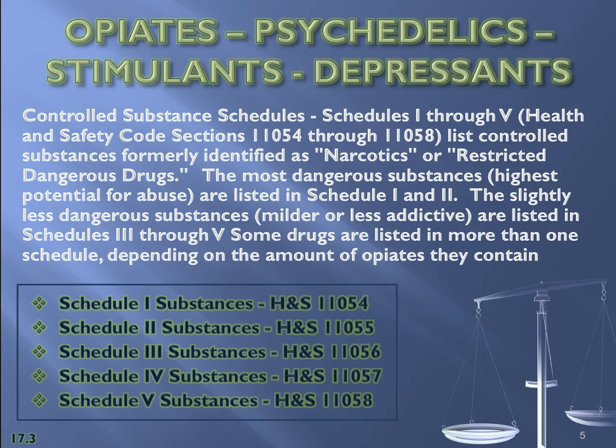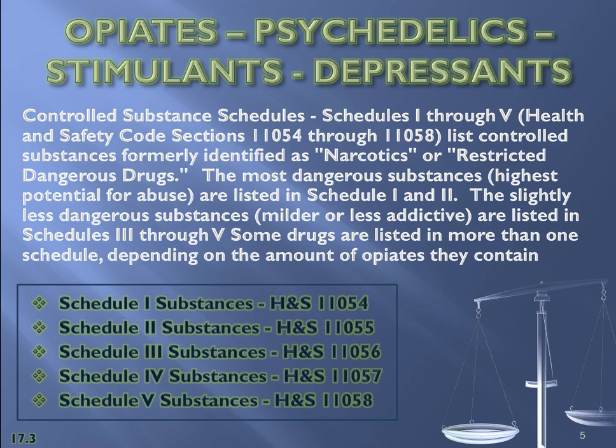So moving on, we're going to talk about opiates and psychedelics and stimulants and depressants, and how they categorize all of these different things. Well, you can probably guess by looking at the screen that they are categorized in schedules. So controlled substance schedules, Schedules 1 through 5 of the Health and Safety Code, sections 11054 through 11058, list controlled substances formerly identified as narcotics or restricted dangerous drugs.